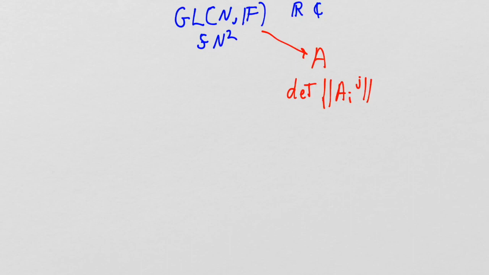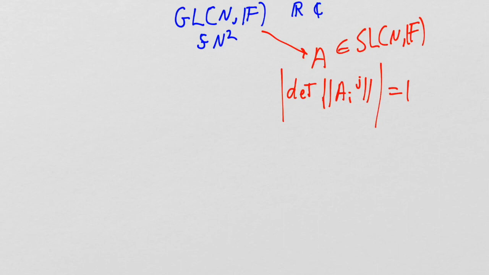And you insist that the modulus of that thing equals 1. The modulus equals 1. Well, then that is a restriction that, of course, means A is thereby an element of the special linear group of n dimensions over the field F. Right? That was the definition of the volume preserving group.